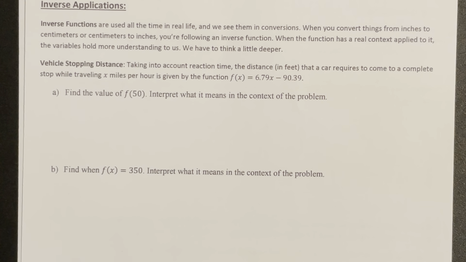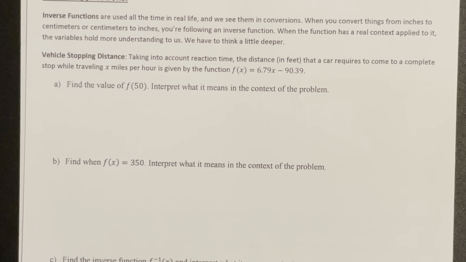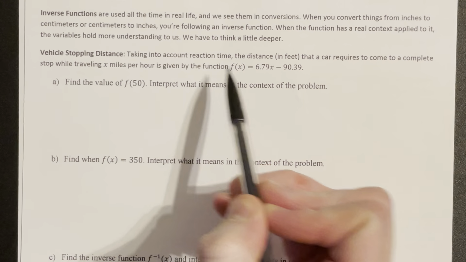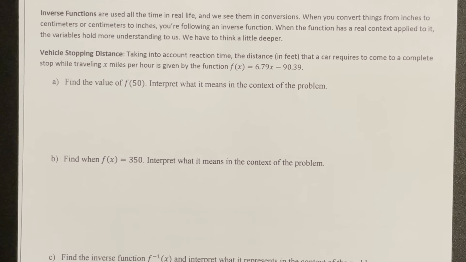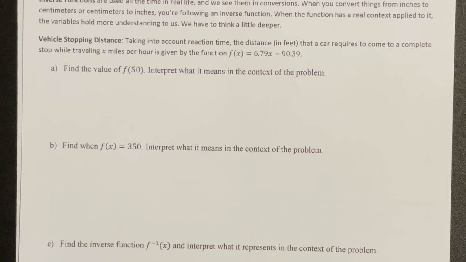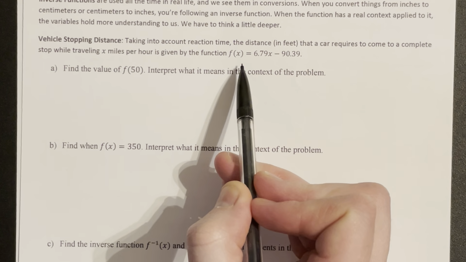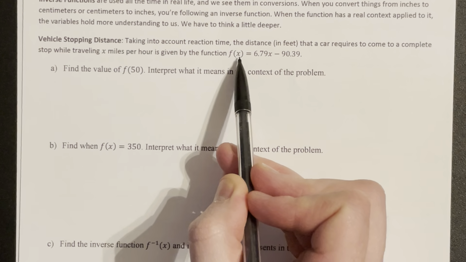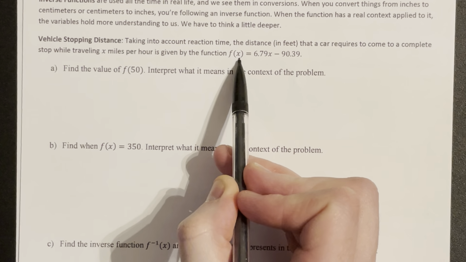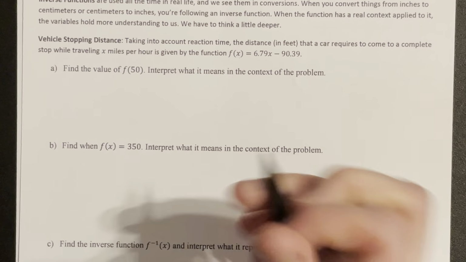We start out with this vehicle stopping distance question. So taking into account the reaction time, the distance in feet that a car requires to completely stop while traveling x miles per hour is given by this function. Basically what we have is a function of f, or a function of x, and that x is representing our speed.